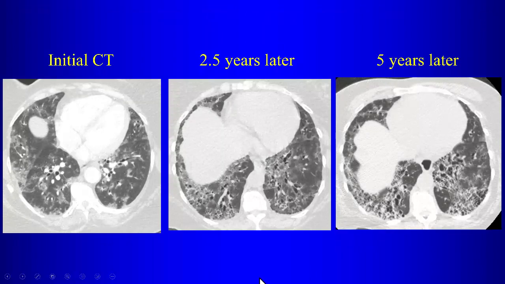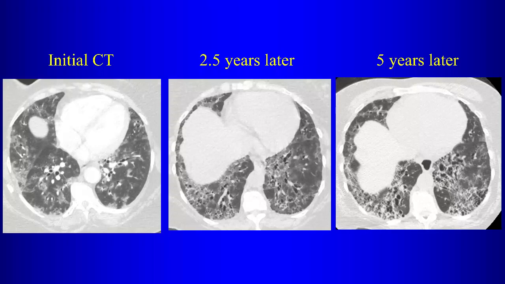So what's the point? There is a great deal of overlap in these idiopathic interstitial pneumonias, especially when associated with connective tissue disease, okay? Because these patterns can also be seen associated with connective tissue disease, right? So the patient started out with an organizing pneumonia pattern, went on to an NSIP pattern, and then went on to a UIP pattern.